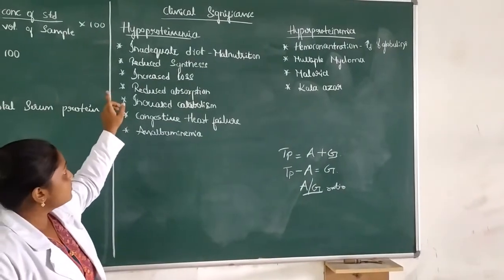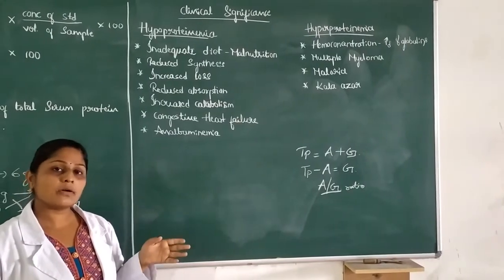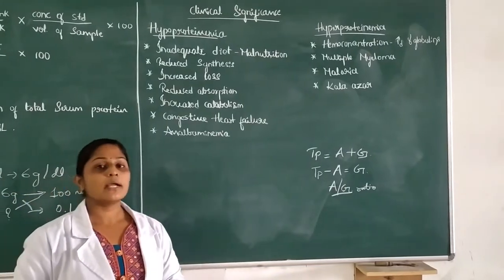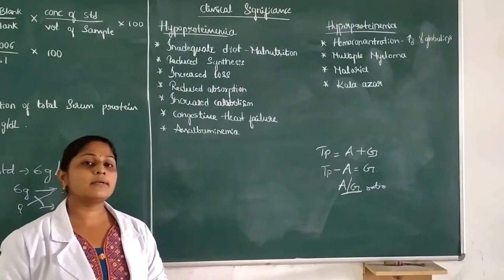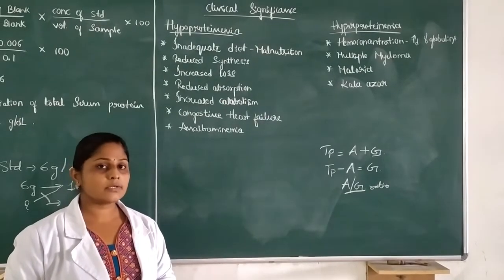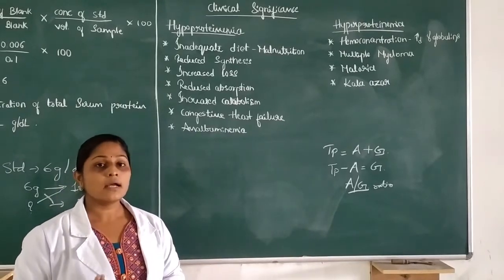Hypoproteinemia is decreased protein concentration. The first cause is inadequate diet. When we are not able to take the required amount of protein in our diet, that will lead to malnutrition. One protein energy malnutrition is kwashiorkor.